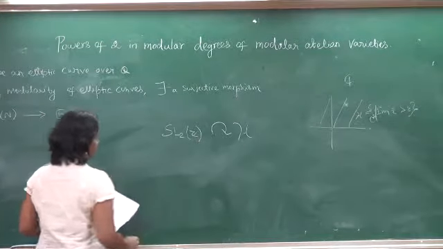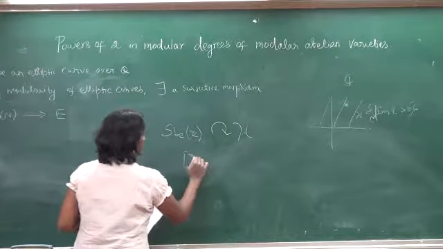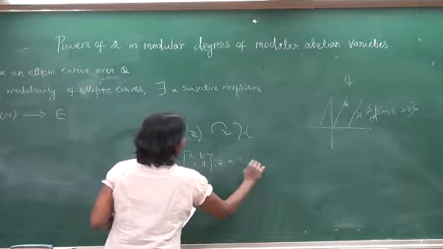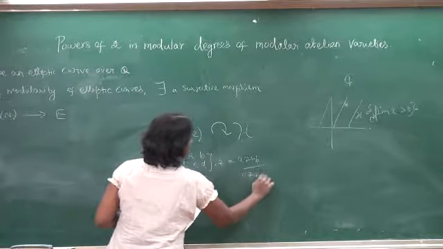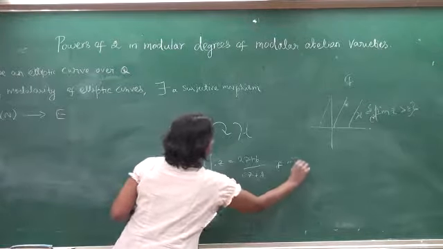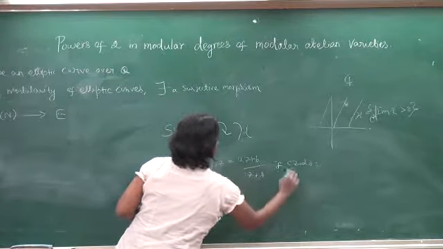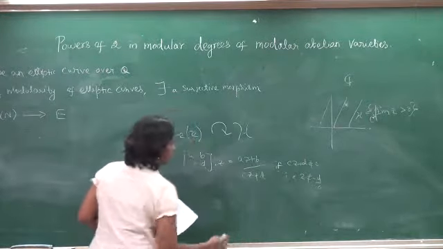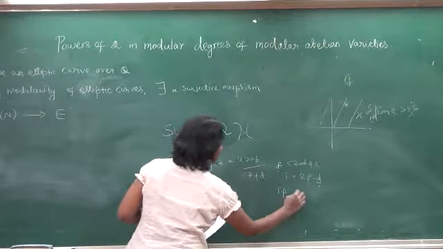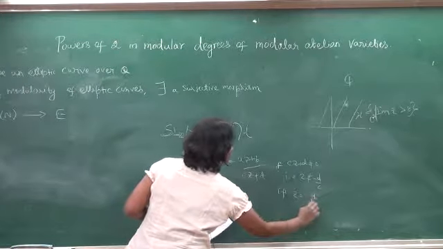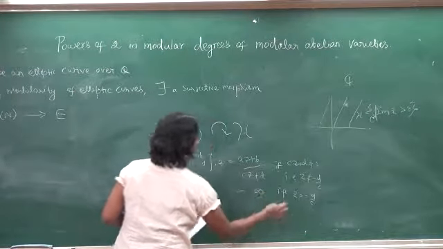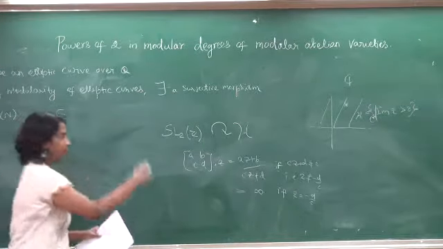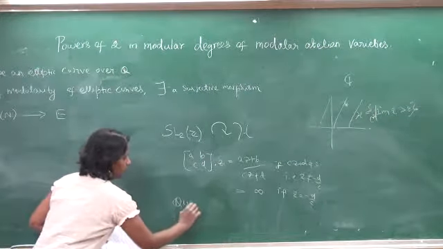SL2(Z) acts on H. The action is defined by (a b; c d) sending z to (az + b)/(cz + d), for z not equal to -d/c, and to infinity when z is -d/c. We can extend this action to Q union infinity.